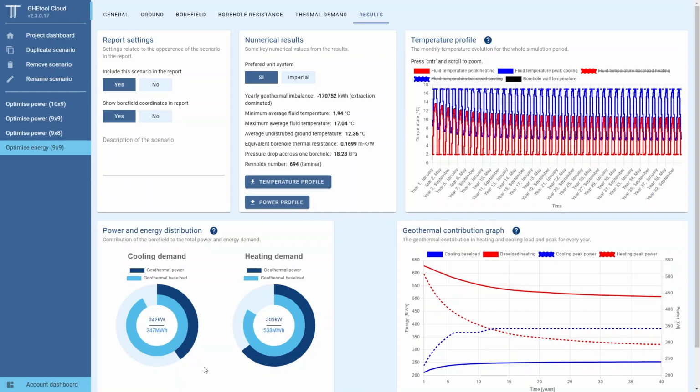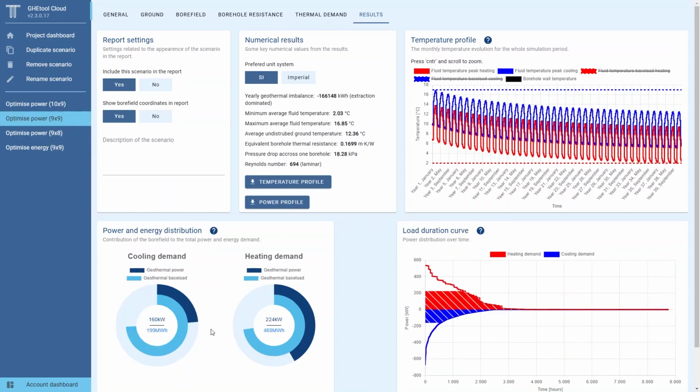For heating, it's another story. Here we install 509 kilowatts of ground source heat pumps and another 280 kilowatts of our hybrid system. If we compare that to our optimized power solution, there we had 224 kilowatts in geothermal heating and 300 kilowatts in our hybrid solution.